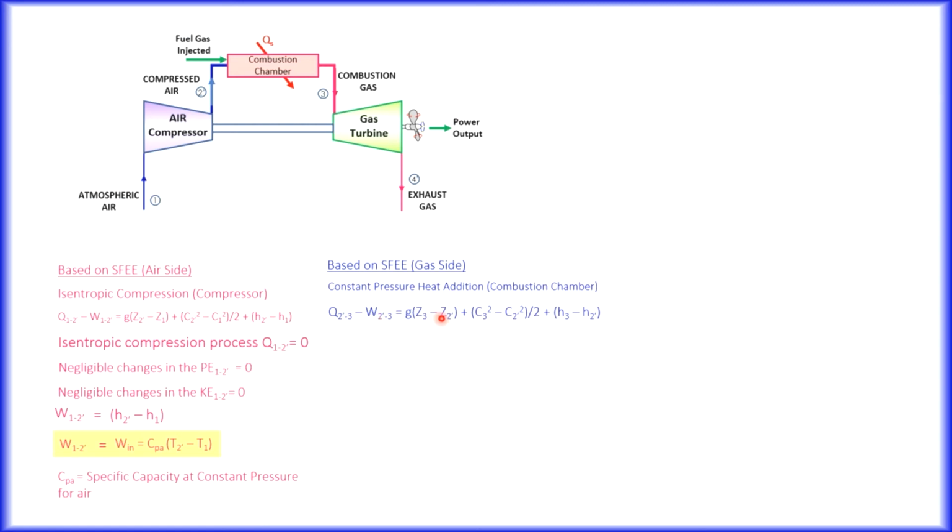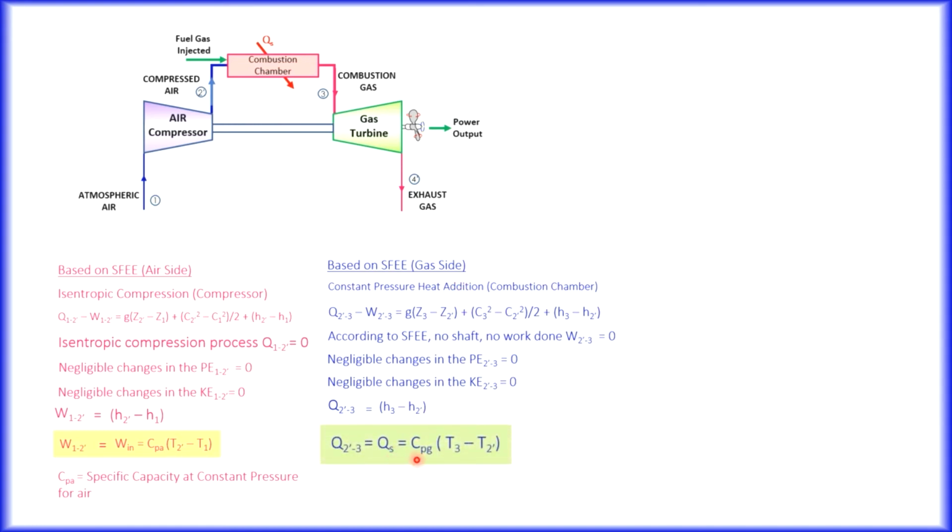So neglect work, neglect potential, neglect the specific change of kinetic energy. So the heat equals the change of enthalpy here. You can also convert this to CPG, T3 minus T2 prime, since it is gas side. So better take note, this is CPG and this is CPA.